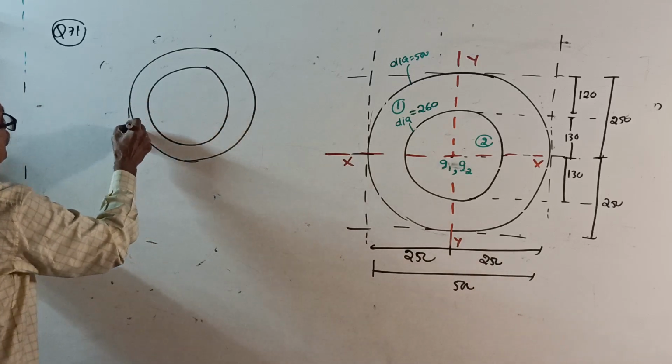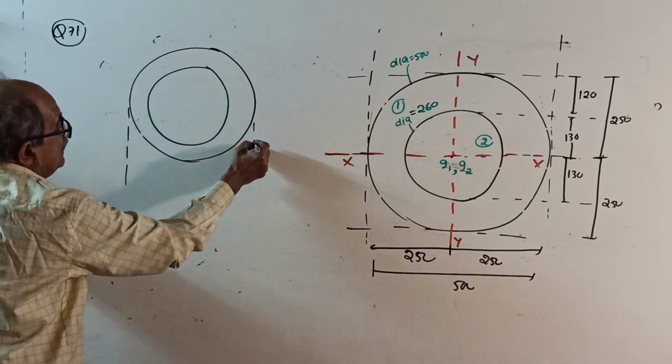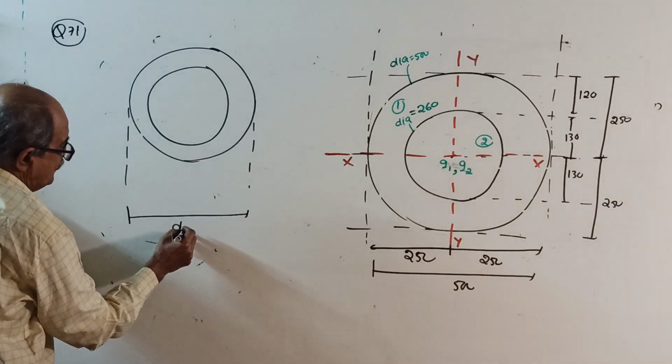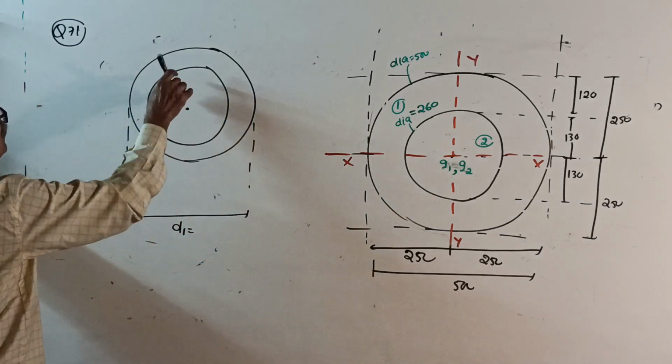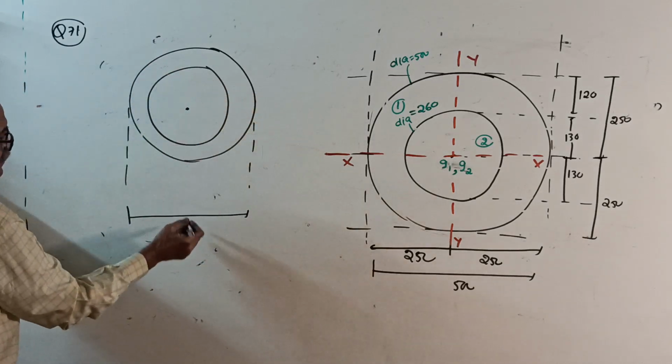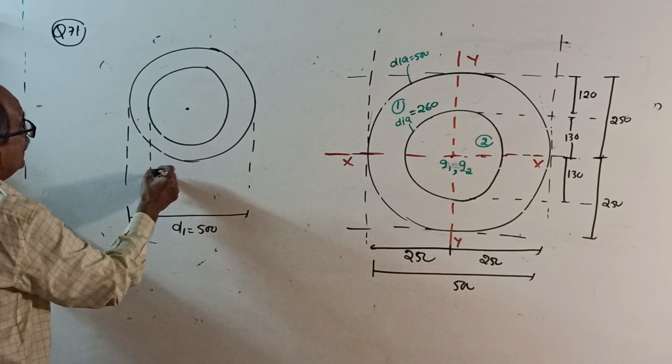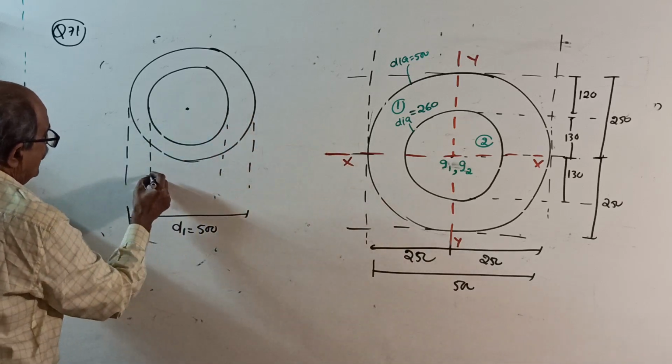First you mark the outer diameter. I will always call the outer diameter D1 in my class. In the question they told this is 250, so this is 500. Then project inside and mark the inner diameter. I will call it D2.